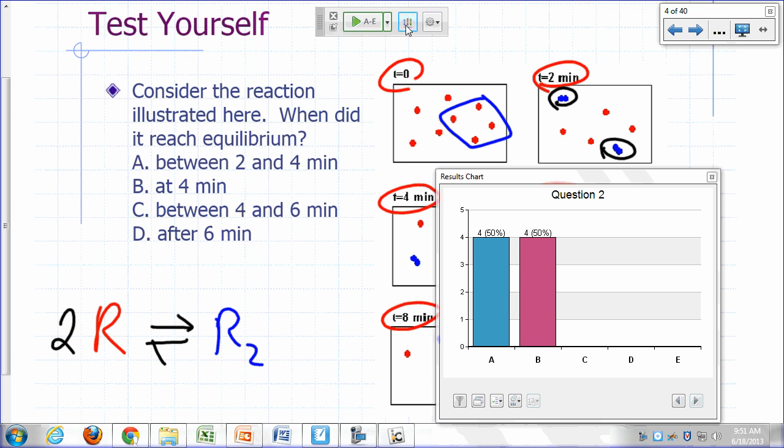Alright, let's see. 50-50. What are the popular answers?